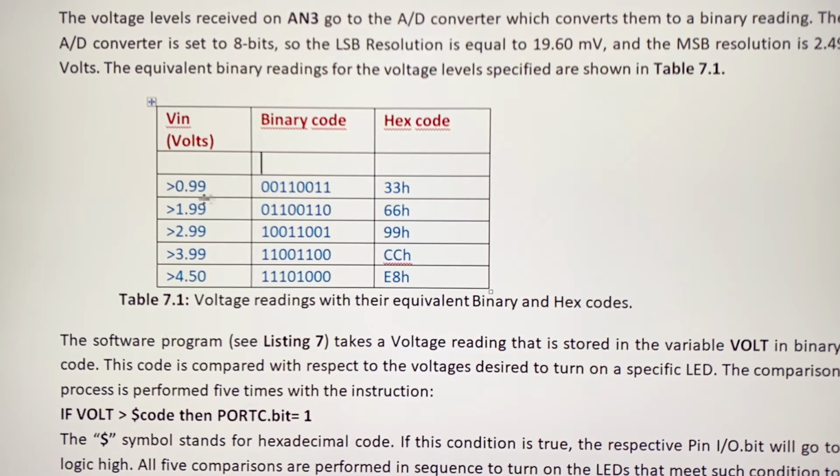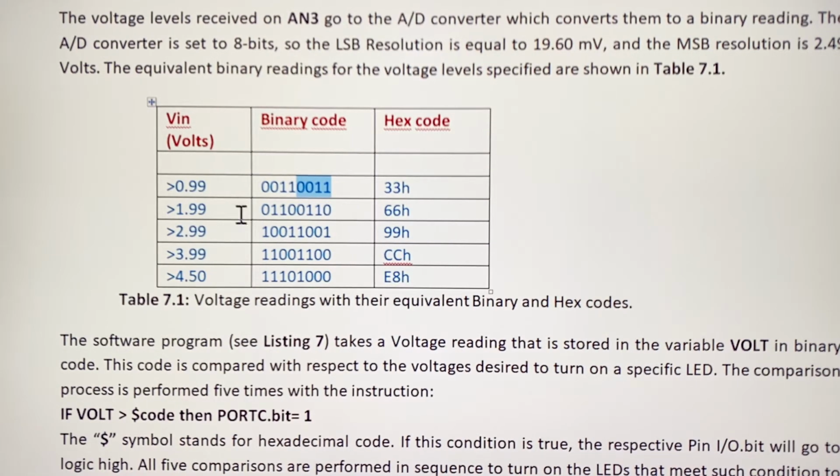And so if we use a greater than, that will be equal or greater than, we can say 1 volt. So in binary code this is number 3 in BCD code, and this is number 3 in BCD code. If we put them together, this is the hexadecimal code 33.